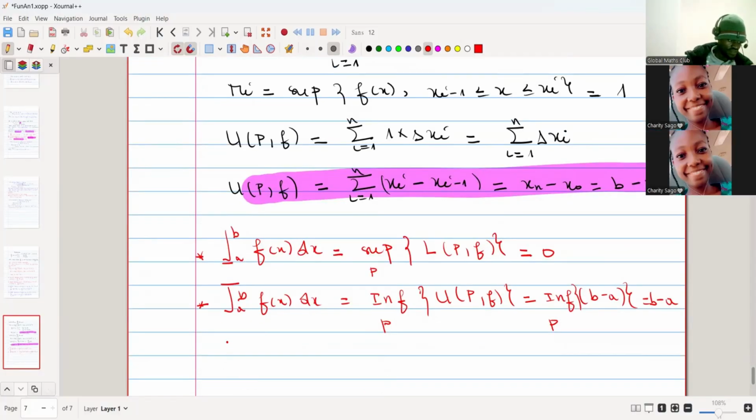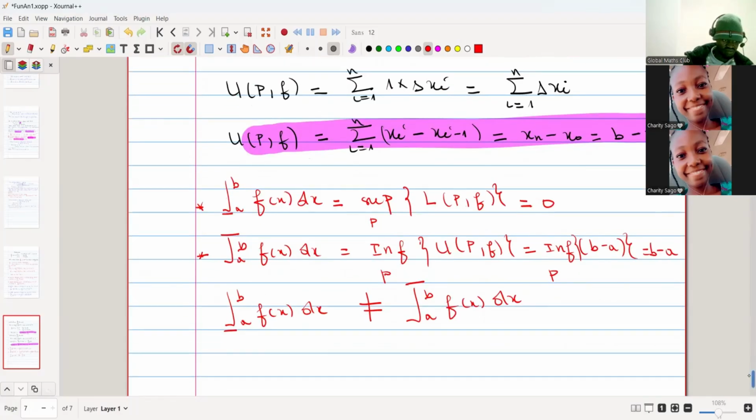So the lower double integral of f over ab is different to the upper double integral of f over the interval ab. Then f is not Riemann integrable on ab.